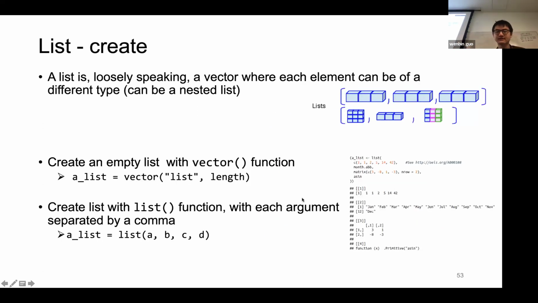For the last data type we talk about, I can just leave this to tomorrow and talk about it along with the data frame, because these are 2 similar data types. And I guess we are running out of time.